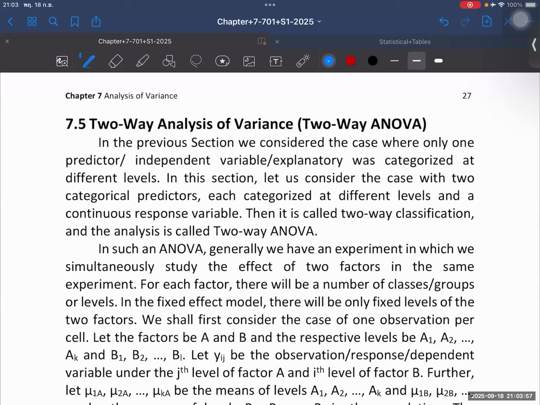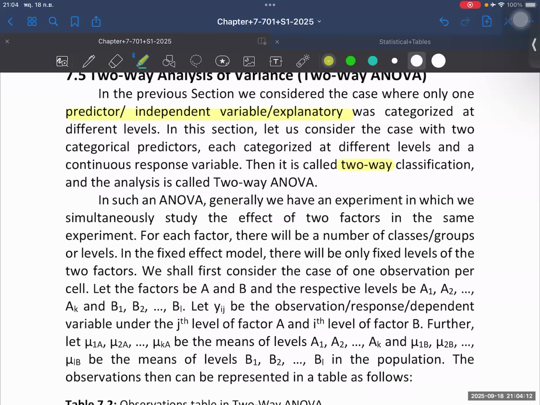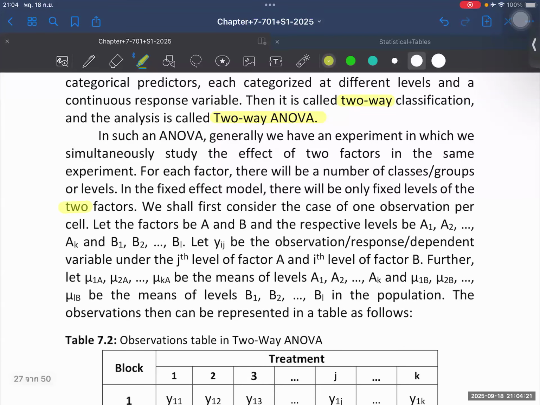Okay, so this time we want to extend the predictor, or the independent variable, to two factors. So we call this two-way ANOVA. Suppose that I have fixed levels of the factor in two factors.